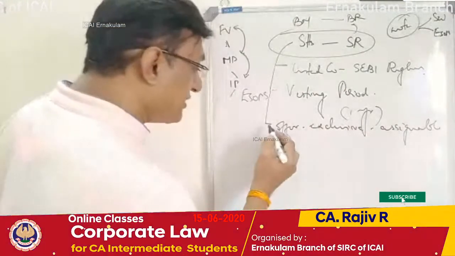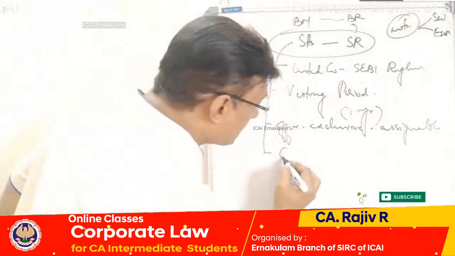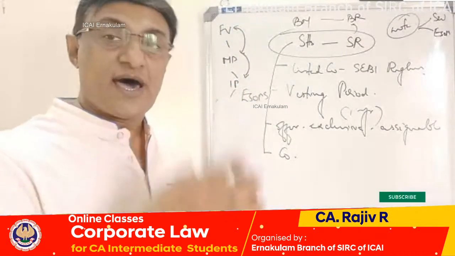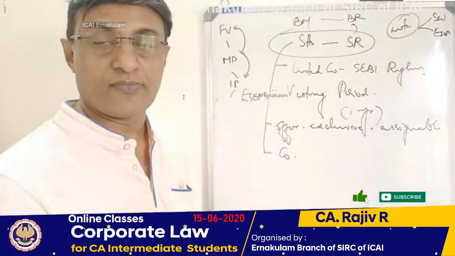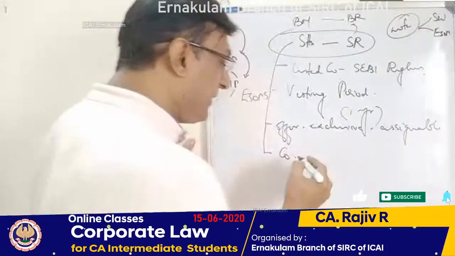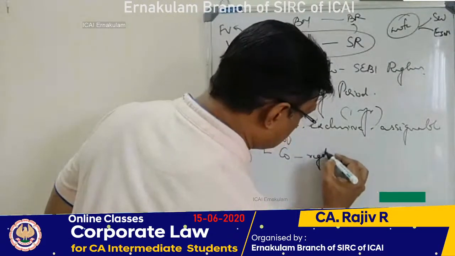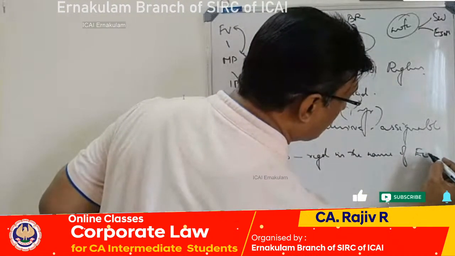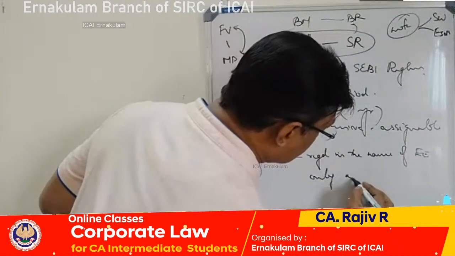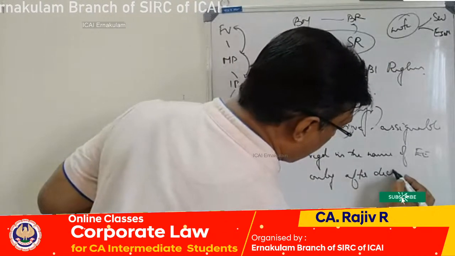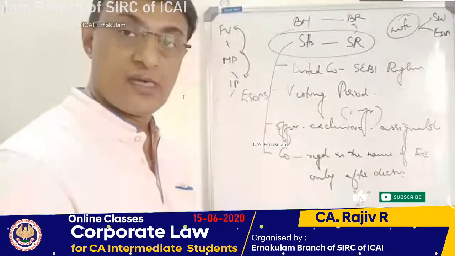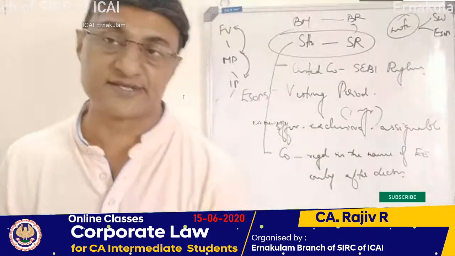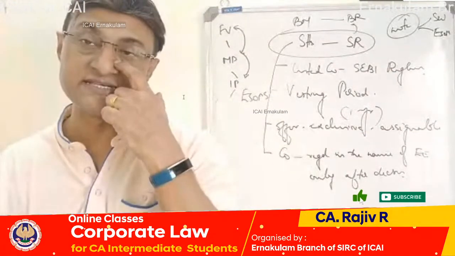Now, there's a very important condition that the company shall register the shares. Let us say about 1 lakh shares are open under a scheme of ESOPs. Those 1 lakh shares will be registered in the name of an employee only after his decision. In other words, unless an employee says that he is accepting it, you can't register the shares in his name.